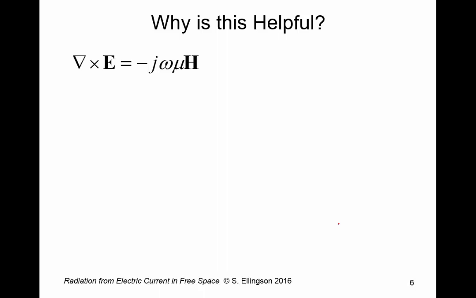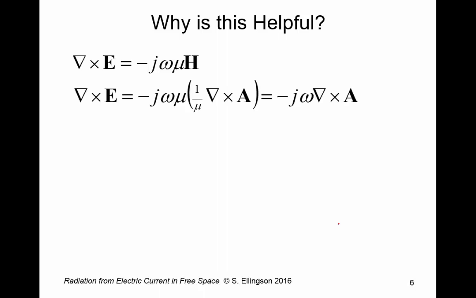Okay, so let me say specifically why this is helpful. So here's, again, the Maxwell-Faraday equation. I'm going to now substitute H with the defining relationship for the magnetic vector potential, and now I must, of course, divide by the permeability, because the magnetic vector potential is defined in terms of the flux density, not the field intensity.